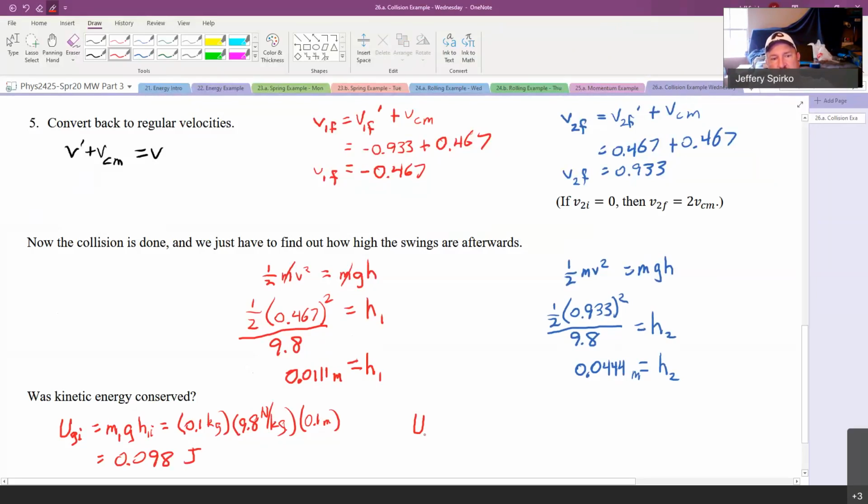So let's check UG1 final, which is mass times g times 0.0111.